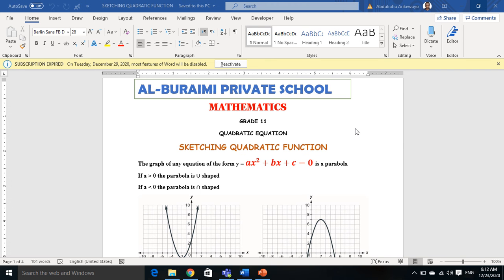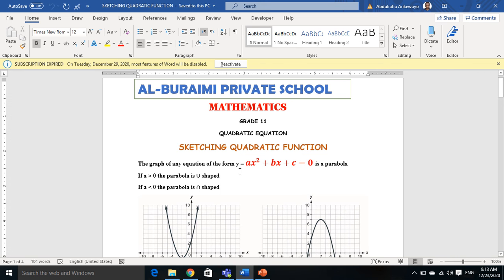Now, every equation can be used to draw a graph in math, and that is why we want to learn how to use quadratic equations to also sketch a graph. Now, let's start from the general equation for quadratic function. You can see this equation here, ax squared plus bx plus c is equals to 0.